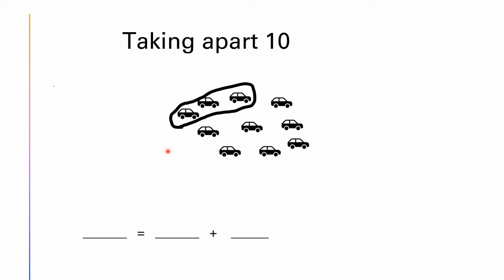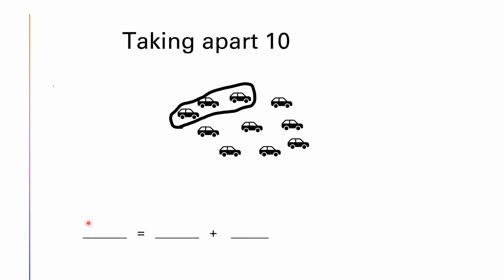It's kind of hard, right? Why do you think it's so hard, kindergarten? You guessed it. Because it's not in an organized 5 group of 10. So we need to organize these cars in a 5 group of 10. That will help us to identify our two parts clearly so that we can finish this equation.